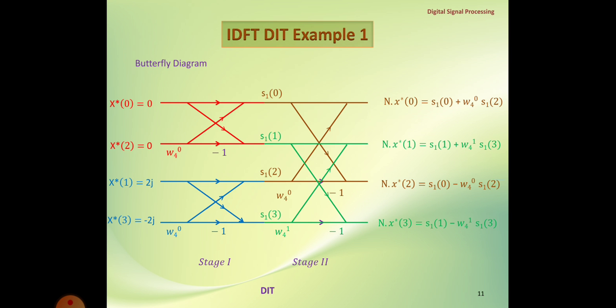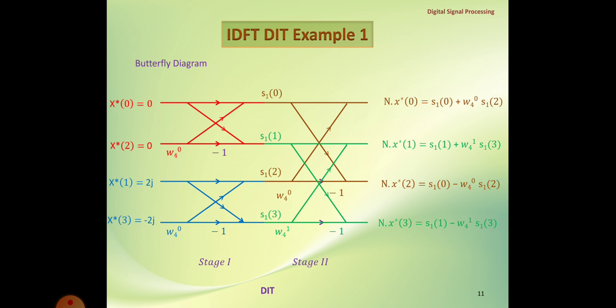As we are calculating the IDFT here, the input will be the complex conjugate of the given sequence, and as it is a DIT, the input will be bit reversed or shuffled. So the first input is x conjugate 0, second x conjugate 2, then x conjugate 1 and x conjugate 3. Next, there will be 2 stages as per our calculation. In each stage there will be 2 butterflies.